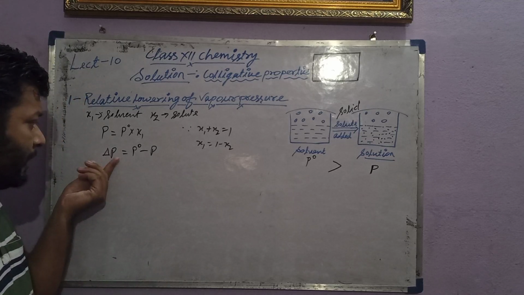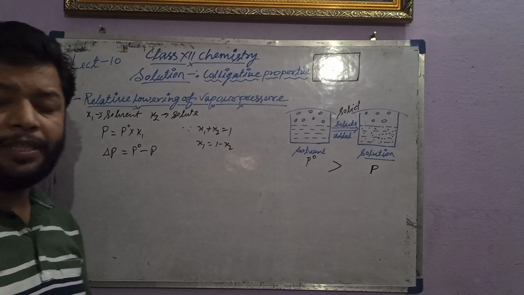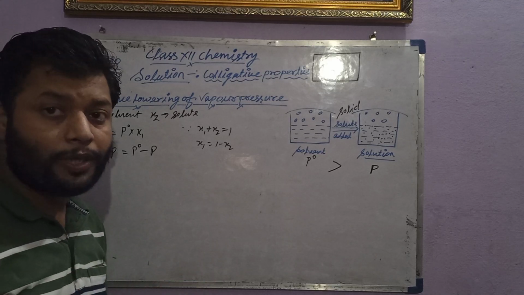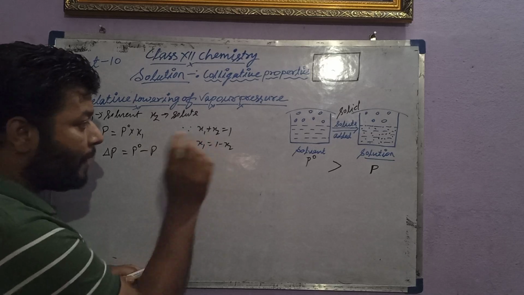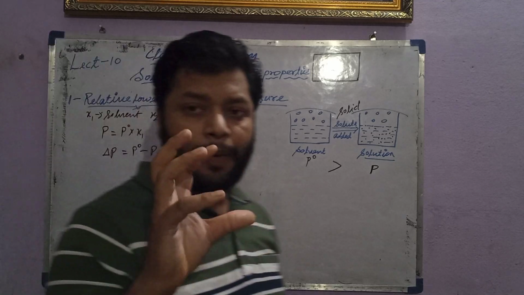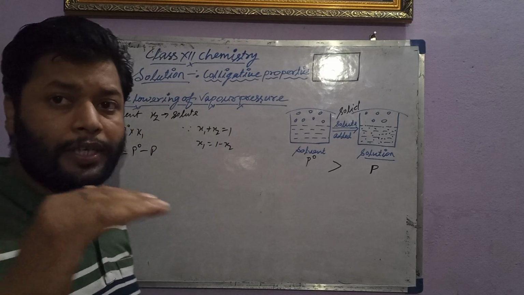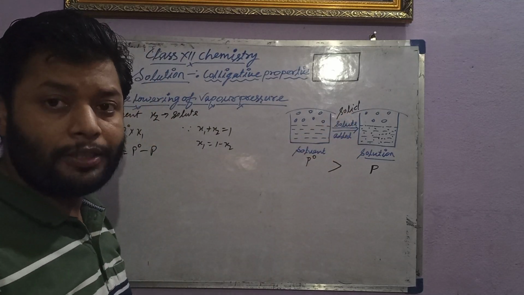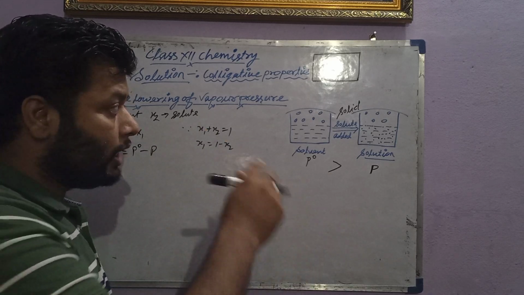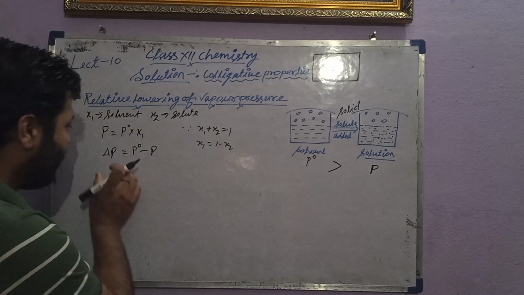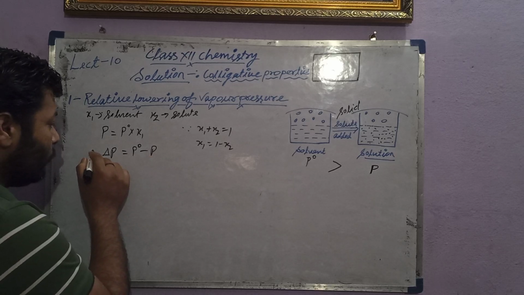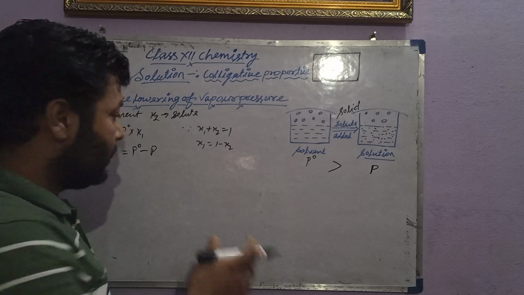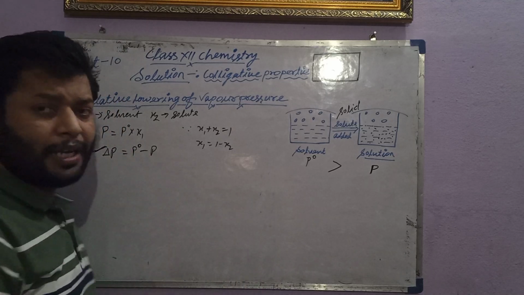The vapor pressure decrease depends upon the mole fraction of solute, because when we add the solid solute, the vapor pressure decreases. So the relative lowering of vapor pressure depends upon the mole fraction of the solute.